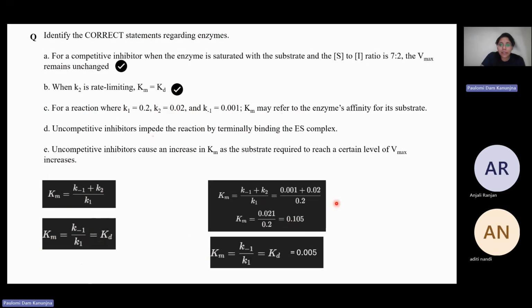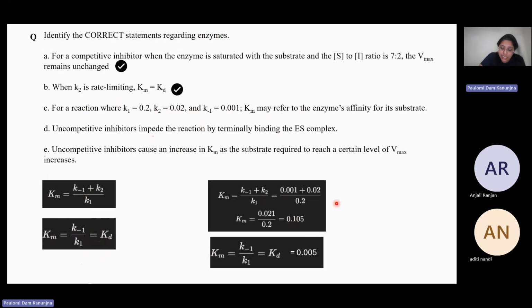So, uncompetitive inhibitor impedes the reaction terminally by binding the ES complex. Before I give the answer for this, someone said it's correct. What did you mean by terminal here? Because the answer is in the word terminal. I'm guessing that you wrote it is correct because it is binding terminally.